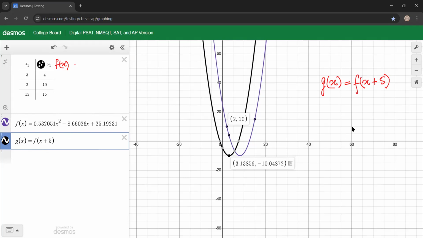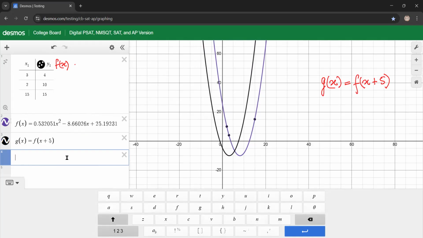Now, you might have this, or you might have any other function. Let's say h of x. Now they are talking about the vertical translation. That would be equal to f of x, let's take minus 9.